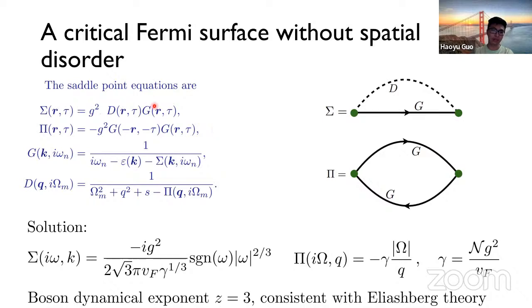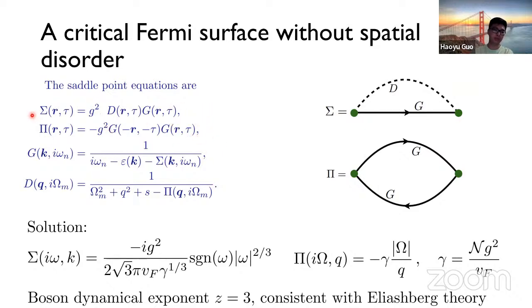Then you can derive the saddle point equations for the self energies, given by these two Feynman diagrams. These equations are probably familiar if you know the Eliashberg theory, which ignores the vertex corrections in these diagrams.